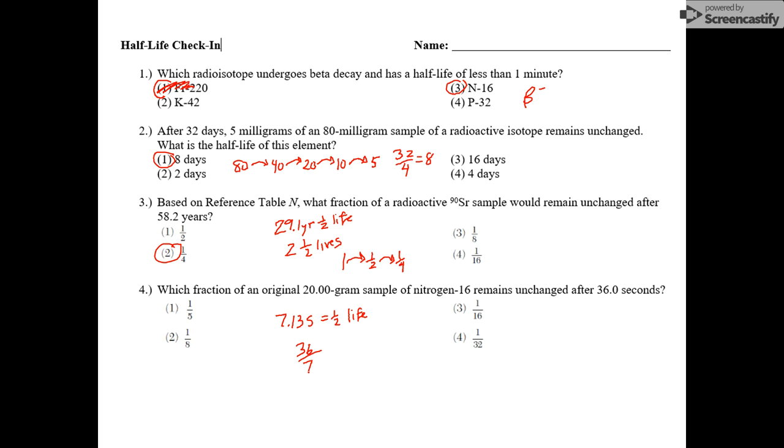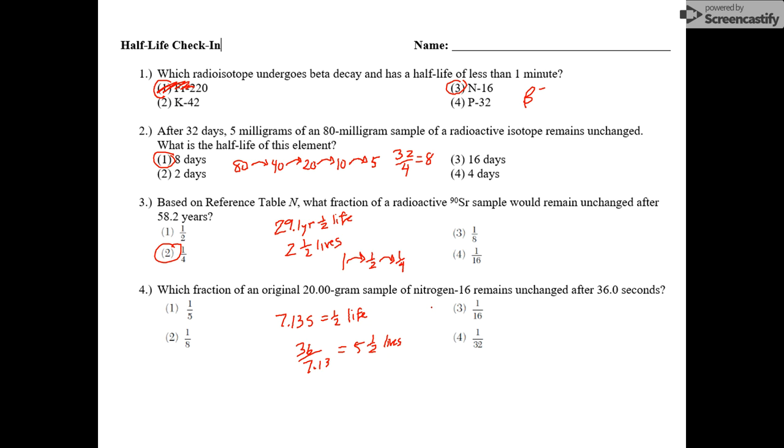I'll do 36 divided by 7.13. Let me pull out my calculator. I'm trying to do this really fast. Okay, 36 divided by 7.13. Exactly 5 half-lives. Okay, I guess they made that work out nicely. So 5 half-lives will have passed.